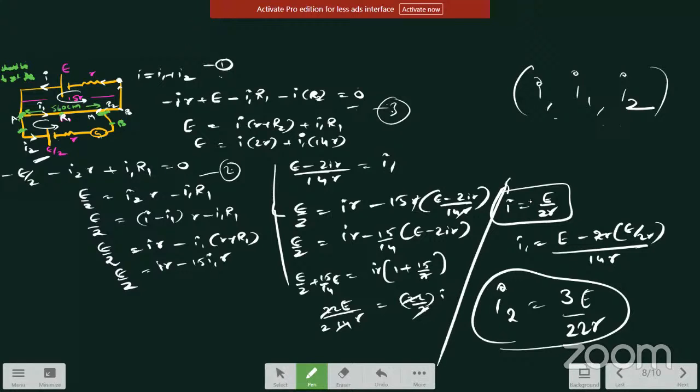E minus 2IR by 14R. E minus 2IR is equal to 14R I1. Which I have taken out correct.